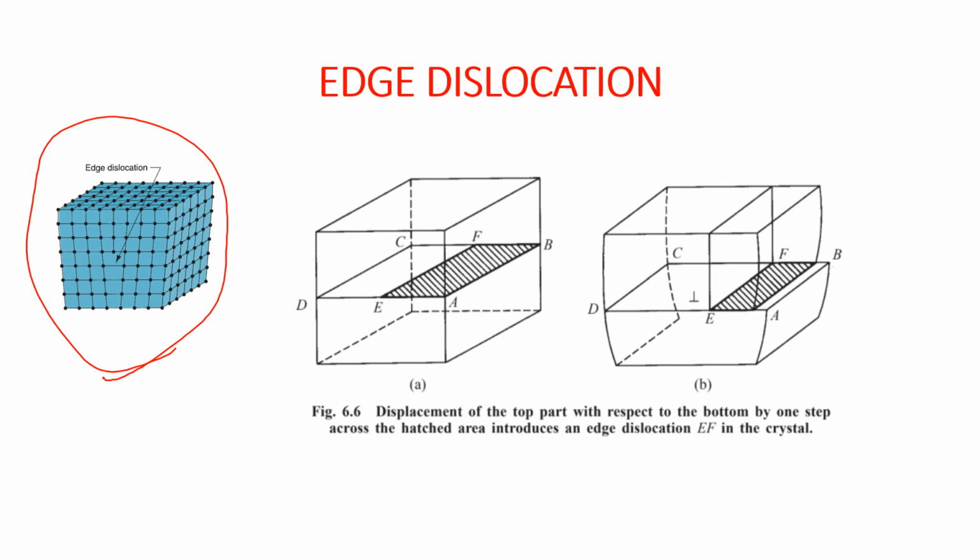You can see a shaded region A, B, F, E. It is part of the plane marked A, B, C, D, the full plane A, B, C, D, and in that we can see a plane A, B, F, E.